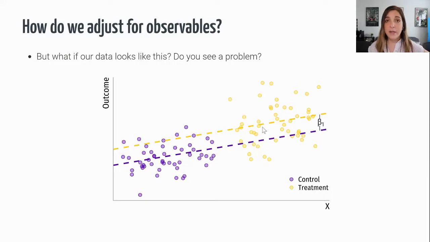The dashed yellow line would be the fitted regression line for the treatment group. And the difference between those lines is a constant, which is beta 1 in this case. And as you can see, even though there are absolutely no control units on this part of the distribution, I am still able to extrapolate my regression line to this area of the distribution, and the same with the treatment line.